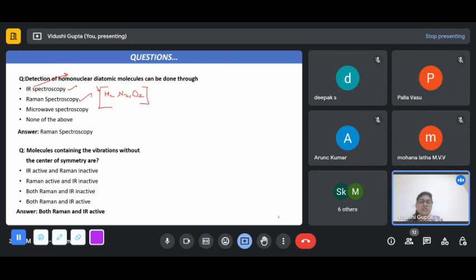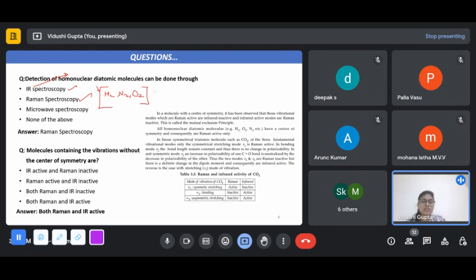Do you know this principle, the mutual exclusion principle? According to this principle, in a molecule with a center of symmetry, take an example, CO2. In this molecule, center of symmetry is present.